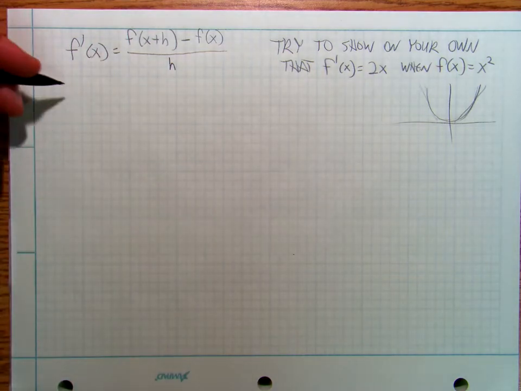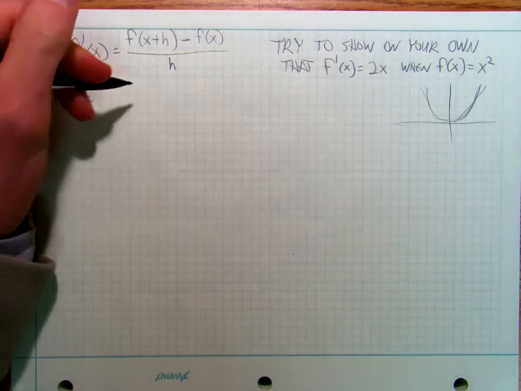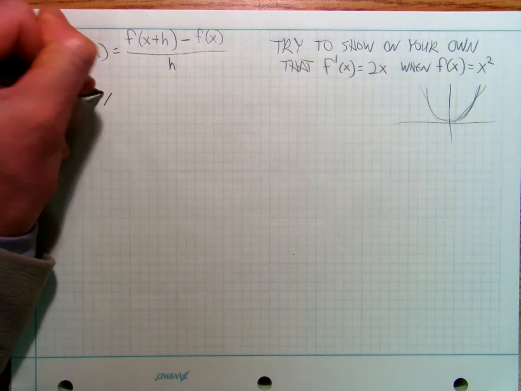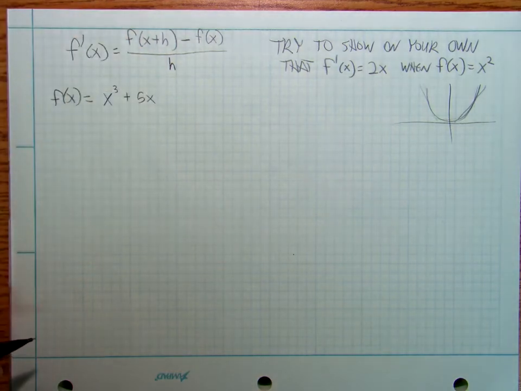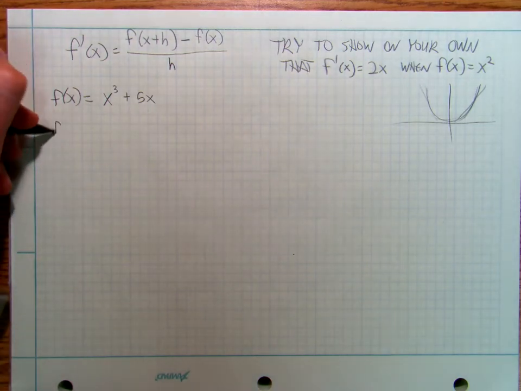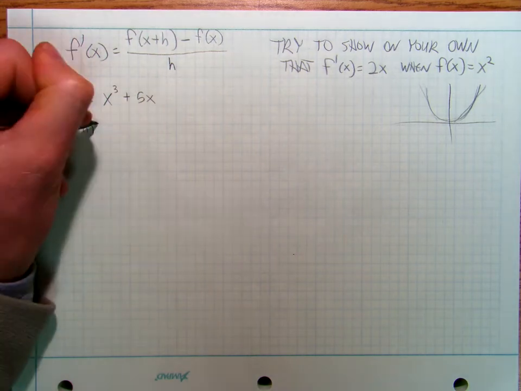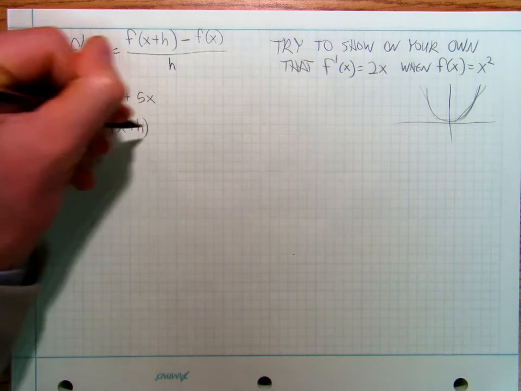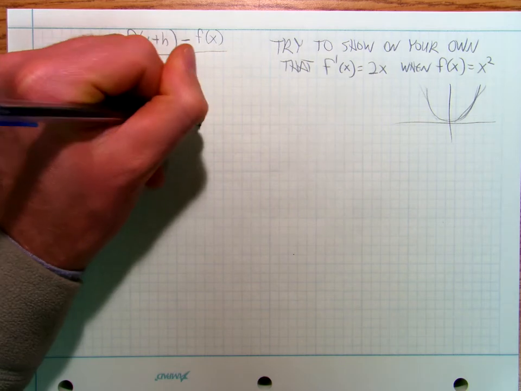So I'm going to look at f of x is equal to x cubed plus 5x. Okay, so now that means that f of x plus h is going to be equal to x plus h cubed plus 5 times x plus h.